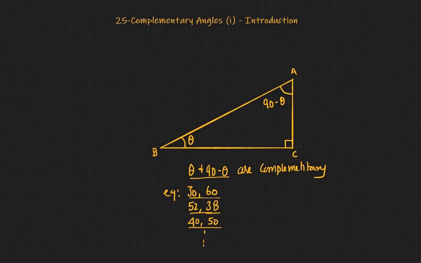So what do we mean by relationship between the complementary angles? To understand this, let's try to write down cos theta, sin theta, and tan theta from the perspective of this angle. Let me color code this as blue.